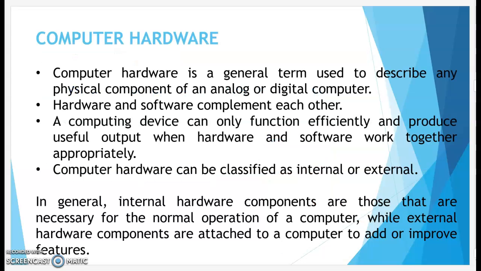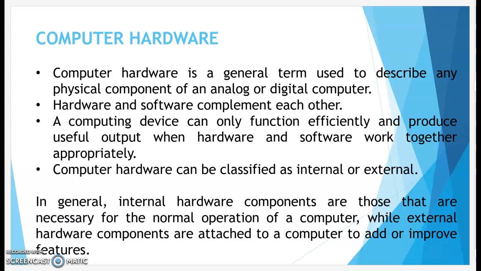Computer hardware. Computer hardware is a general term used to describe any physical component of an analog or digital computer. Hardware and software complement each other. A computing device can only function efficiently and produce useful output when hardware and software work together appropriately.